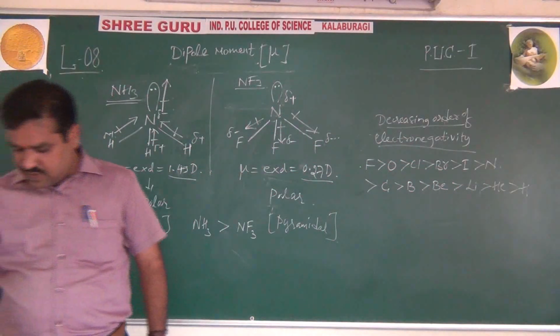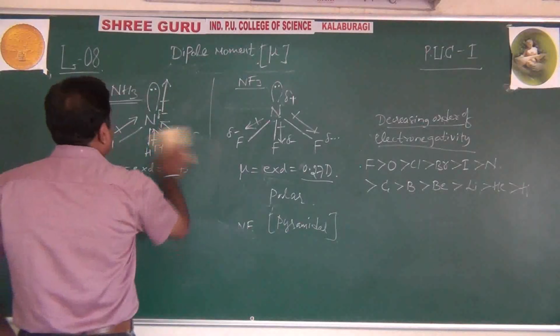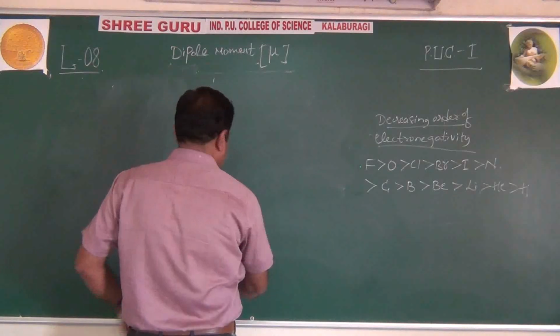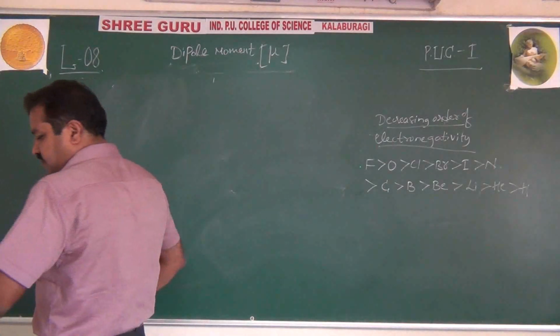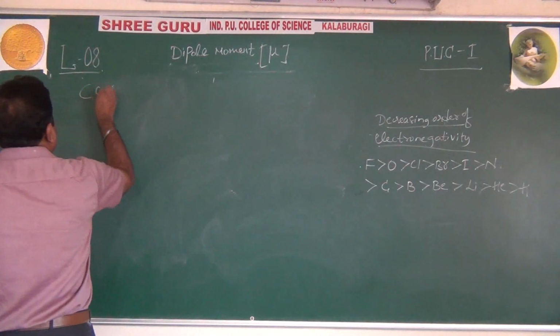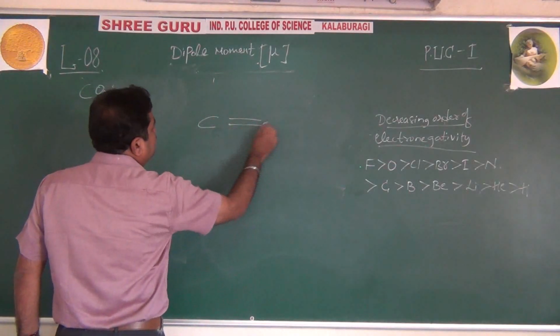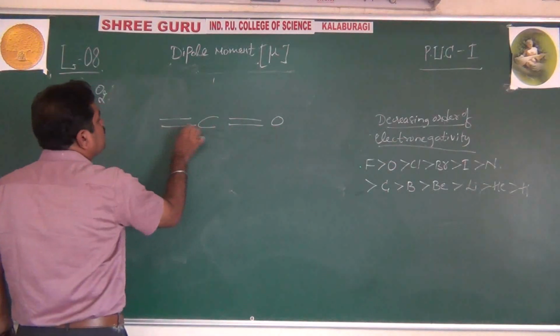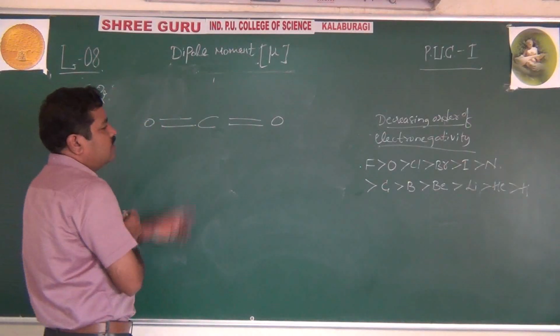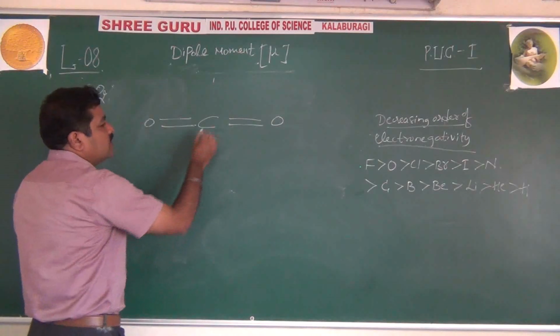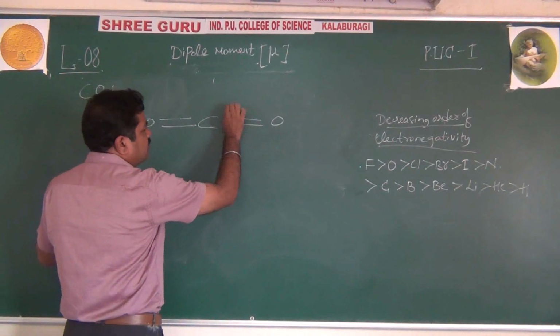Not only this, there are some other molecules which are helpful for your CET purpose. Let us see. If you are given CO2, carbon dioxide, the structure of carbon dioxide is like C double bond O, C double bond O. See, the Lewis dot formula we have studied. Now carbon is less electronegative, oxygen is more electronegative.